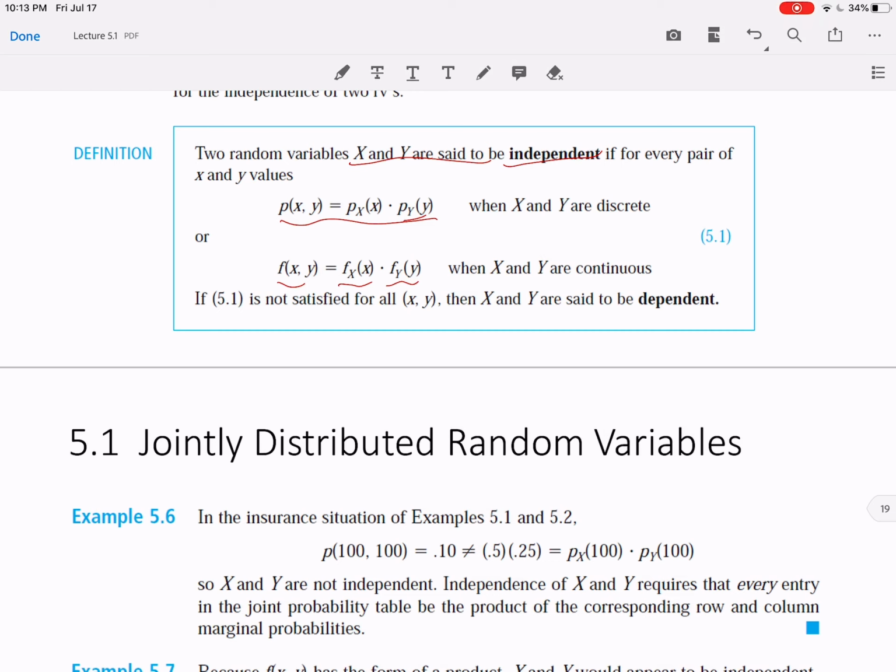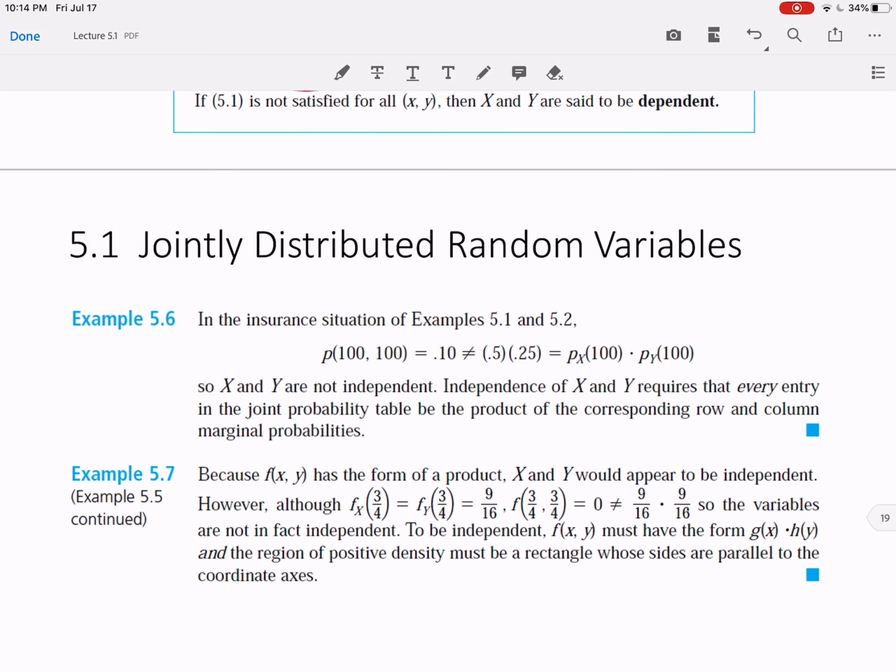Once this is clear, let's take a look at the example here.